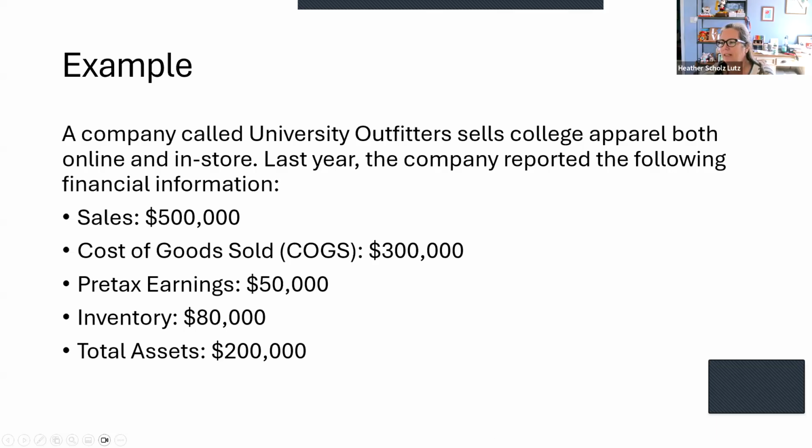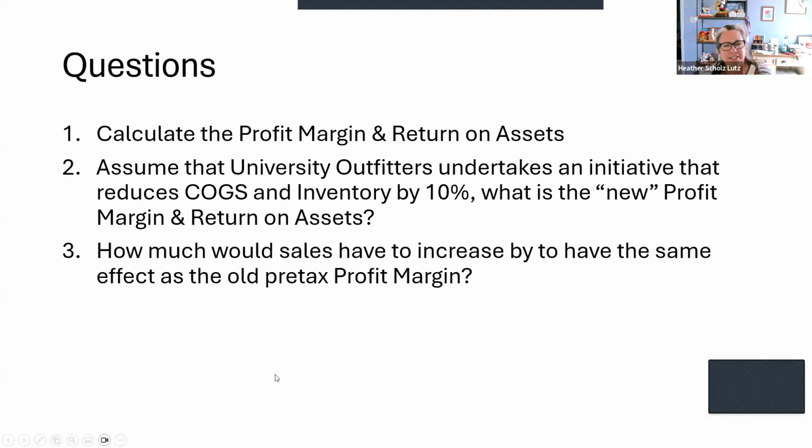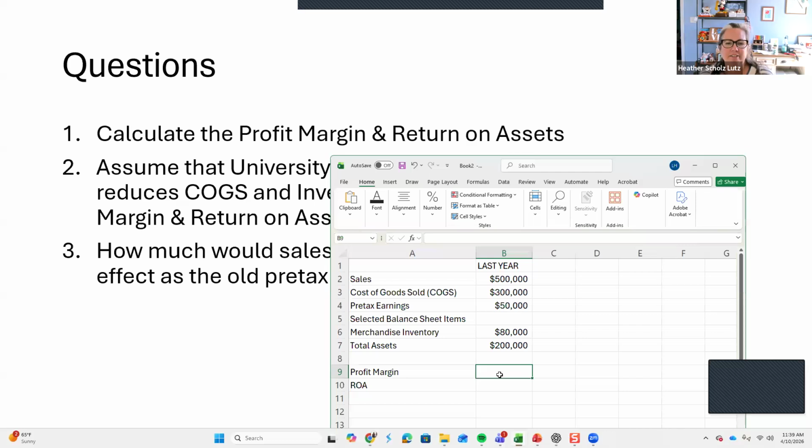I'm going to solve this here in Excel. All of that same information, I've taken from the cheat sheet and put in there already. The first thing that we're going to do is calculate what the company had last year for its profit margin and return on assets. So if I bring that spreadsheet back up here, here's all of our information.